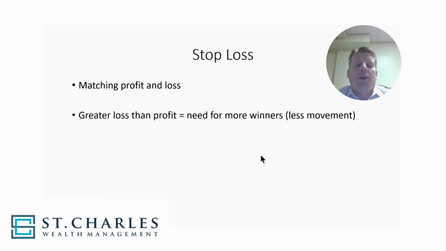Now, let's say that as you're doing this, you want a little bit more wiggle room on the trade. In other words, I'm very confident that this is going to go my way. I just don't think that with that tight of a stop loss, I'm going to get stopped out too quickly. That's fine. What you can then do is make your loss greater than your potential gain.